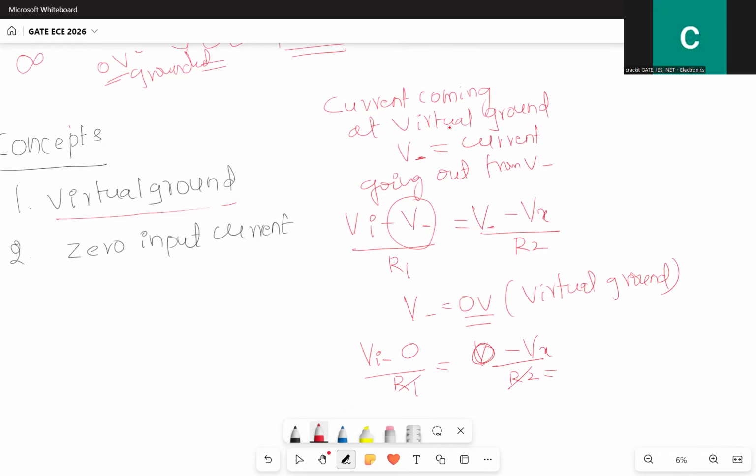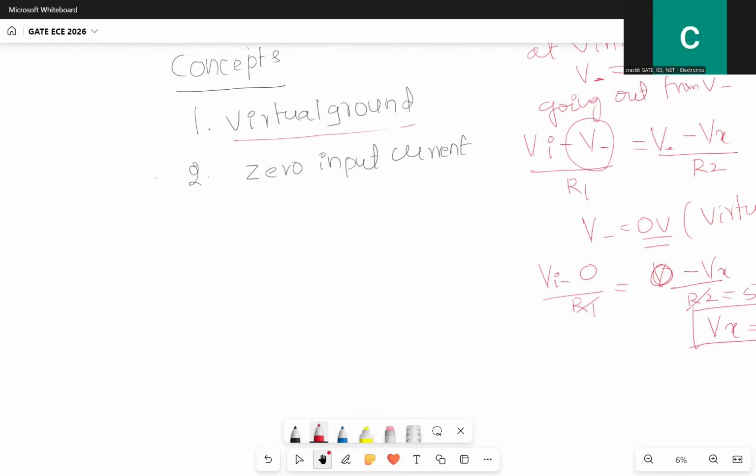R1 and R2 cancel because both are 50 kilo ohms. So we are getting Vx is equal to minus Vi. Please note down this equation. It will be helpful for us to solve the second equation.